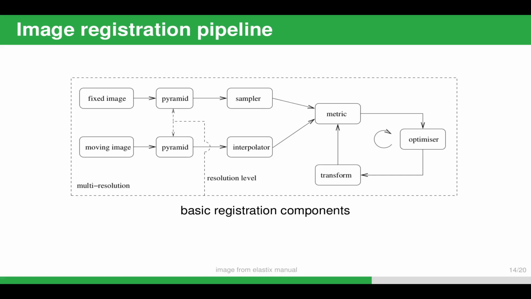Okay. What the optimizer does then is it updates the transformation given the metric. That is, it tries to find a transformation so that when you compare the transformed moving image and the fixed image, they are as similar as possible according to the metric. We'll see a slide about how that happens in just a moment. Okay, and finally, let's go back to what we skipped here, this pyramid section.